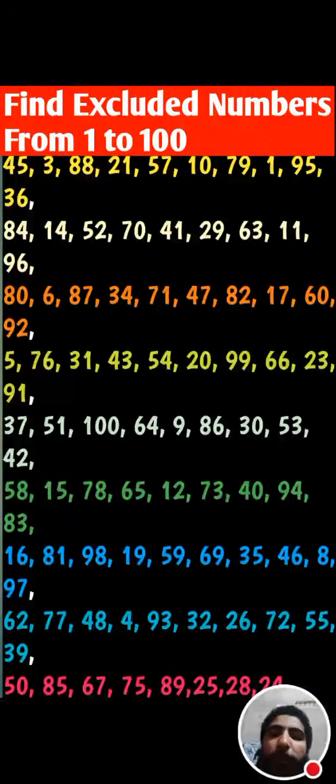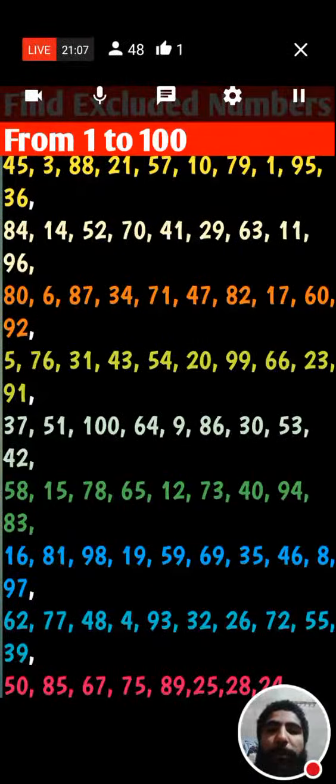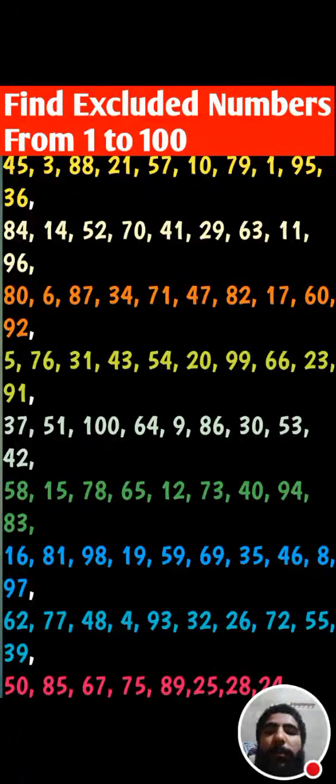So we have found five missing numbers that are 2, 7, 13, 18, and 22. So we have to write this on the page. 22. So we have to find the number 23.